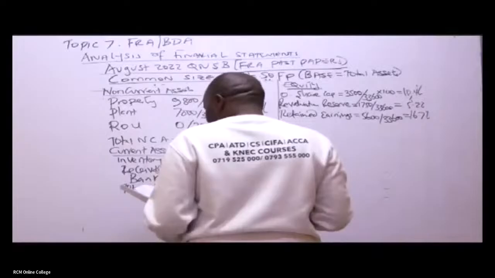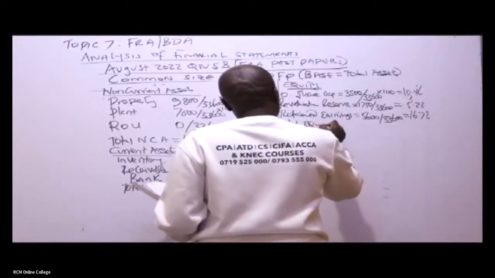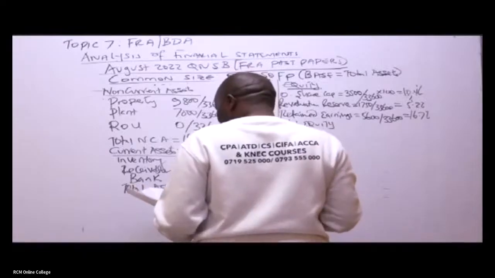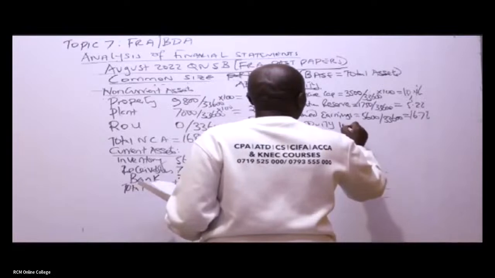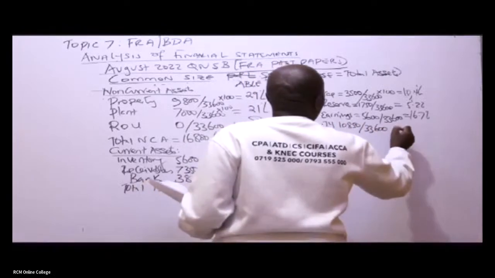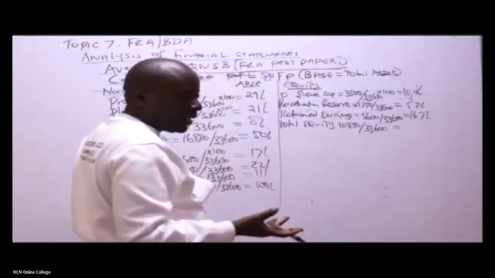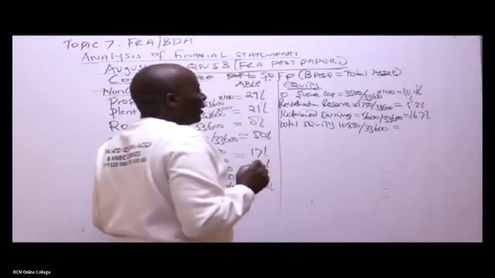Great. Then we have total equity. You write everything given. Total equity, we have 10,850, still divided by our baseline, which is 33,600. Give me a number there. 16.67%. No, that is retained earnings.